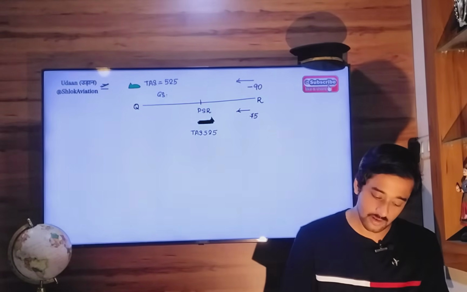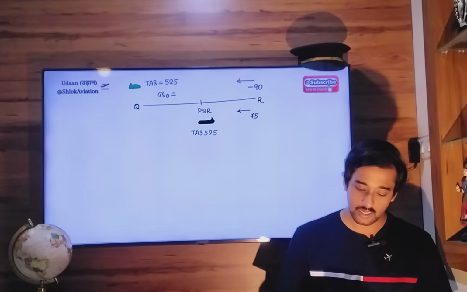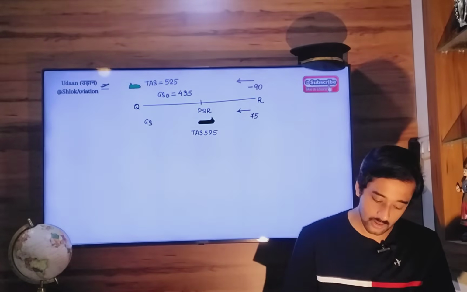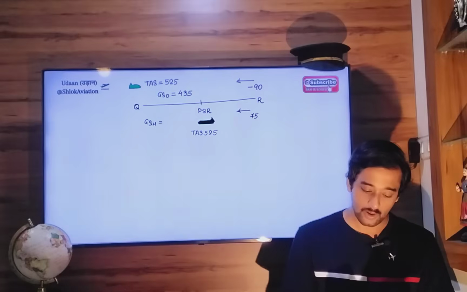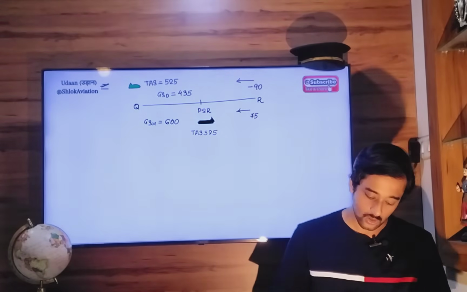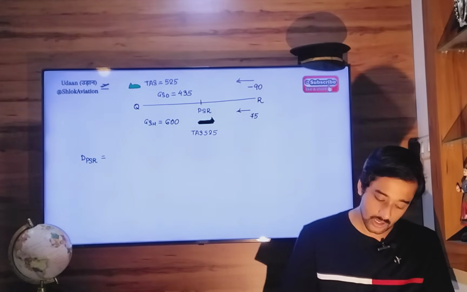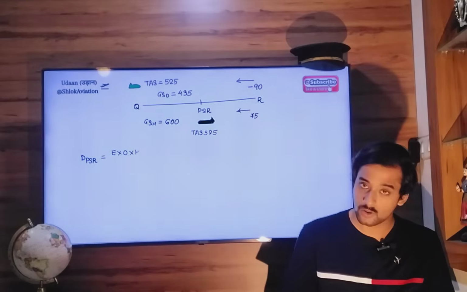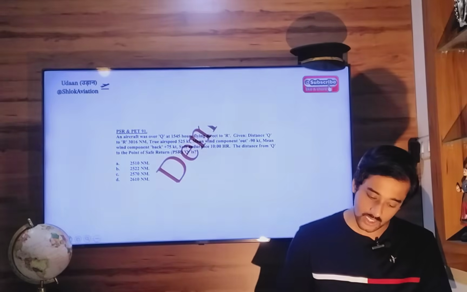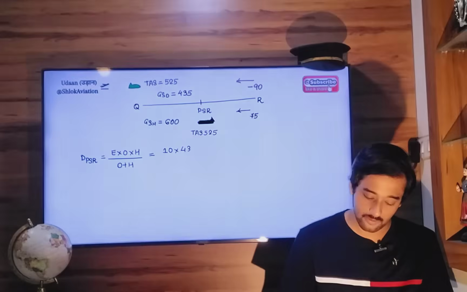Now outbound ground speed will be true airspeed minus headwind. So 525 minus 90, 435. Homebound ground speed is 525 plus tailwind, 600. So distance to point of safe return is endurance into outbound into homebound divided by outbound plus homebound. What is endurance? It is 10. What is outbound? 435.